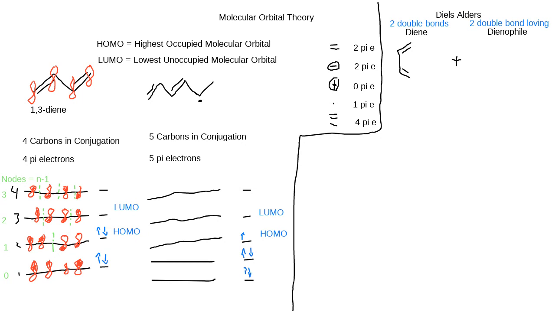And the parent structure is simply going to be a double bond. Now the product of the parent structure, when combined, is going to look like a cyclohexane with a double bond at that location.